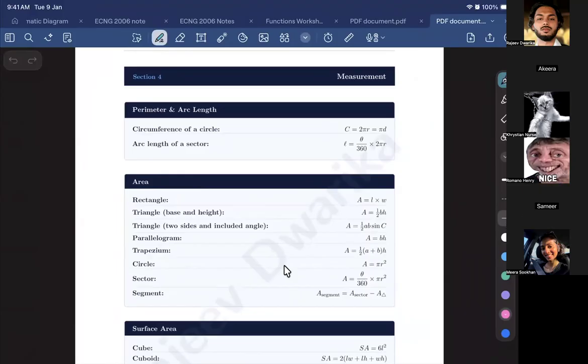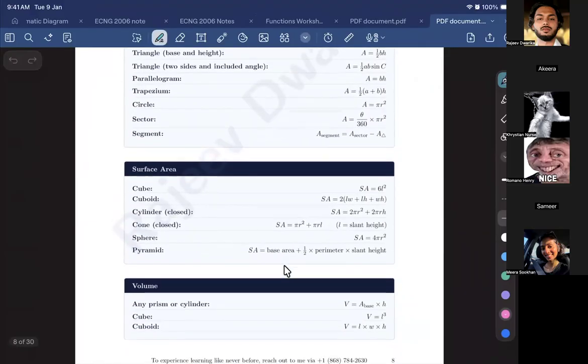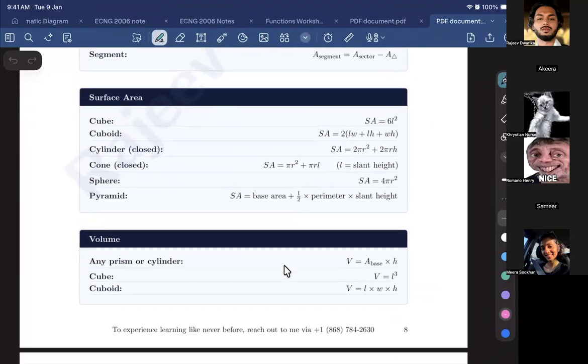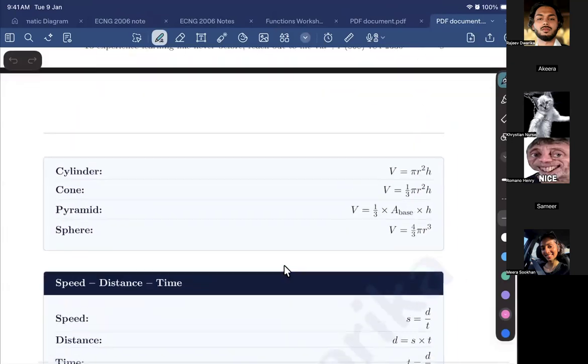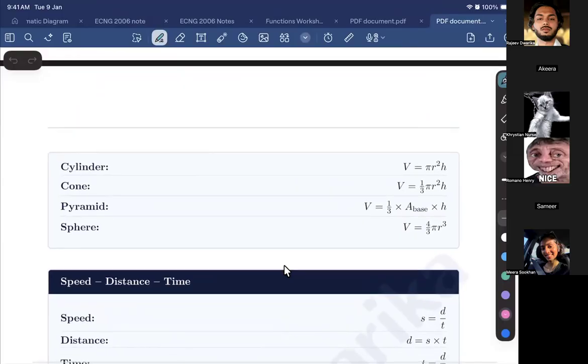Take a screenshot of this. Take a screenshot of that. You have it?